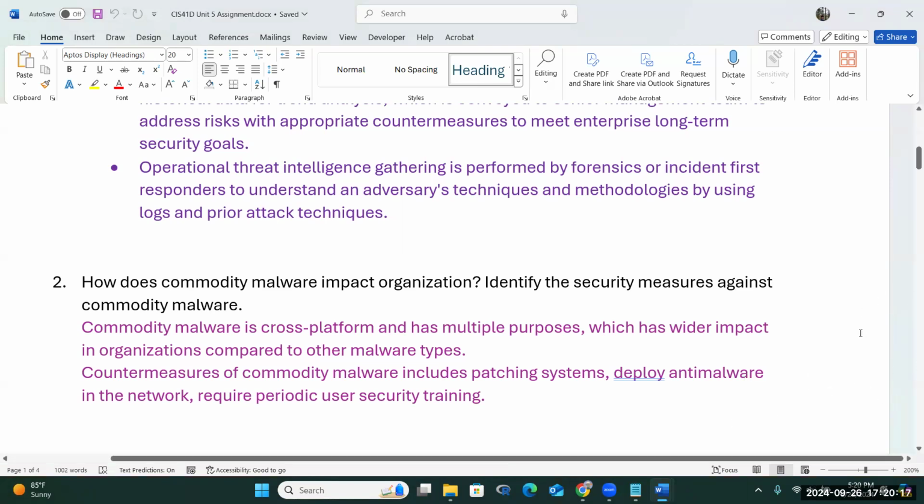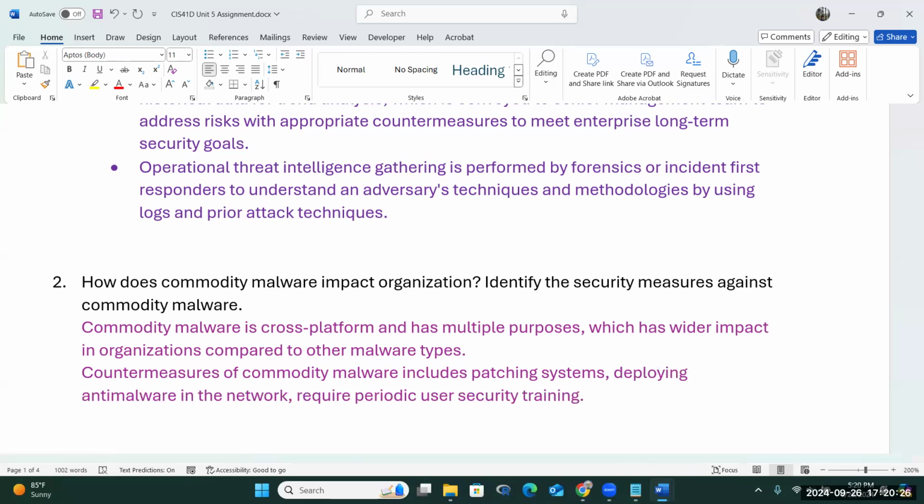anti-malware in the network. That means that we have to have live scanning going at all times, especially for the endpoints. So if you have remote systems that are connecting in various parts of your network, we want to make sure that we have those systems scanned as they are connecting before they are allowed onto the network, or as they are on the network, we need to monitor and scan.